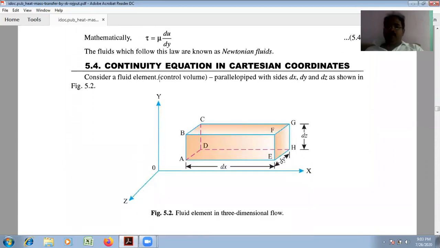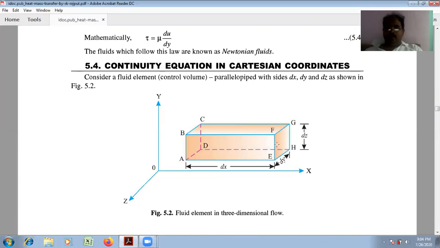So today we are discussing the continuity equation in Cartesian coordinate system. This is not part of your syllabus, but these points are very important from a basic point of view. That's why we are here to study it.